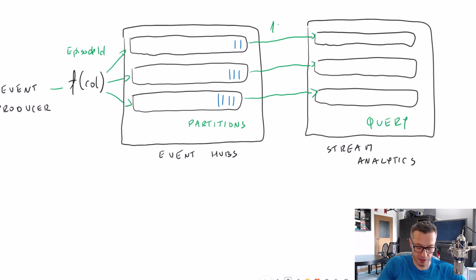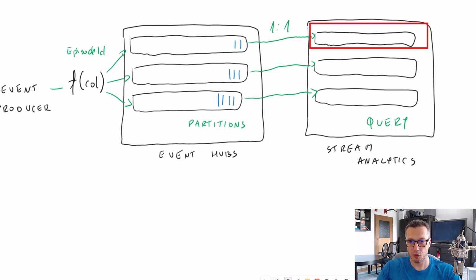So we would have a one-to-one relation between the source partition and the query. So basically, this query would have to just process the data from this partition, and so on. And because we know that our query can be satisfied by the data that lives in a specific partition, it is fine. That's why we can parallelize our query.